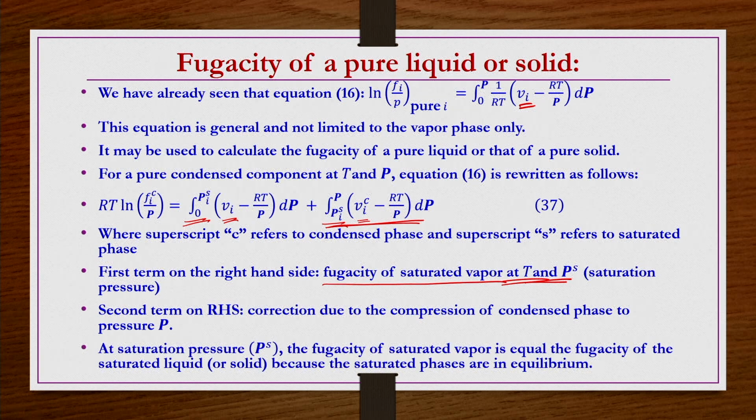At saturation pressure Ps, the fugacity of saturated vapor is equal to the fugacity of the saturated liquid or solid, because the saturated phases are at equilibrium at the saturation pressure point.